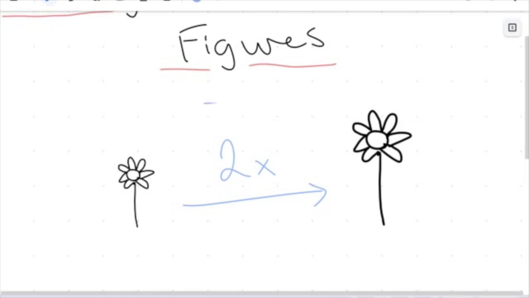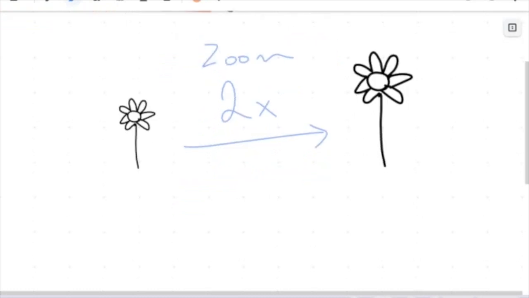So you're zooming in 2x to make this flower appear bigger in the photo you've taken. Essentially the size of the flower has been doubled. It has been multiplied by 2 here. So each particular aspect of the flower has been enlarged by what we call a factor of 2.